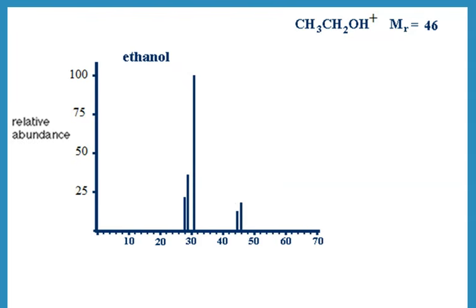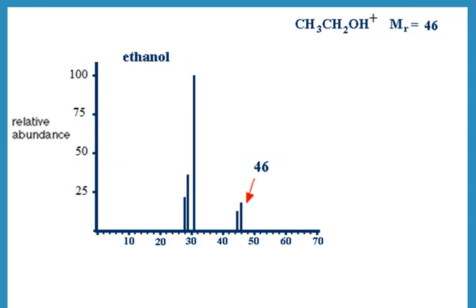So, looking at ethanol, if we calculate the molecular mass of ethanol, it is 46. And that is indicated by the peak with the highest molecular mass in the spectrum, which is the peak at 46. Remember, we said the peak with the highest m/e is the peak showing your molecular mass.